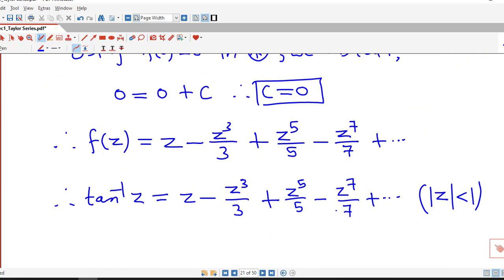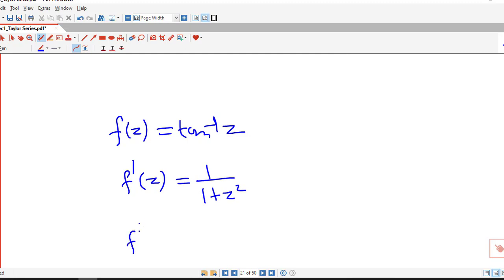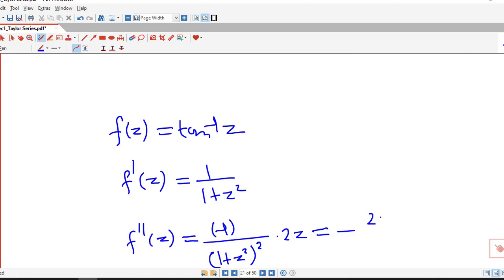Suppose we go by the formula of the Maclaurin series, then first we have to consider derivatives. The first derivative is 1 over 1 plus z square, then the second derivative is minus 1 over 1 plus z square whole square into 2z, that is minus 2z over 1 plus z square whole square. Then in the third derivative we have to apply the division rule because we have functions of z in the numerator and denominator also.